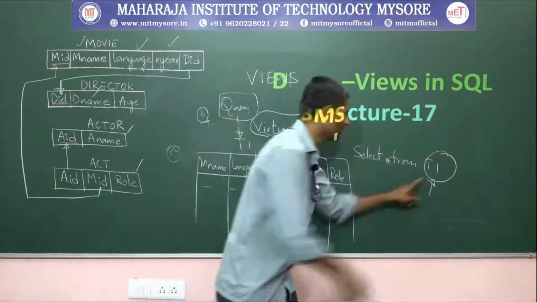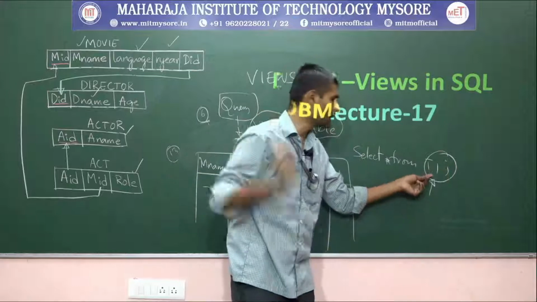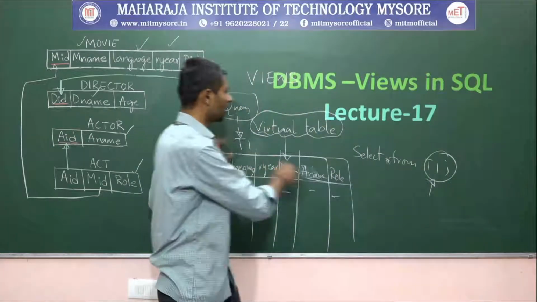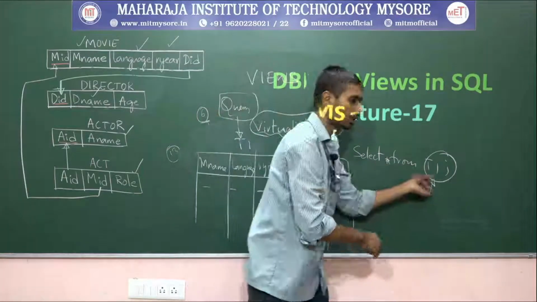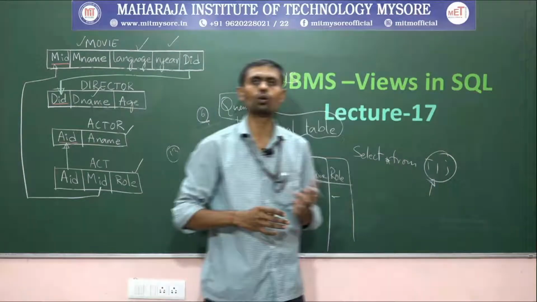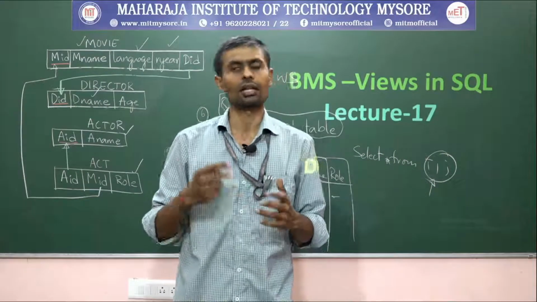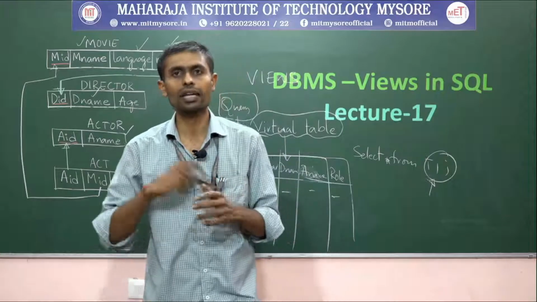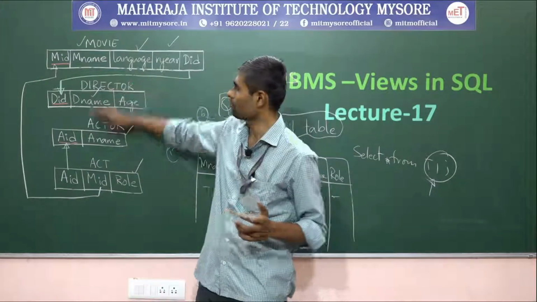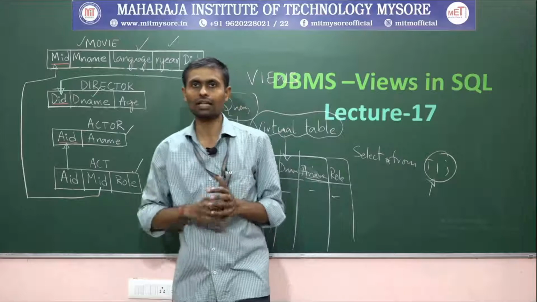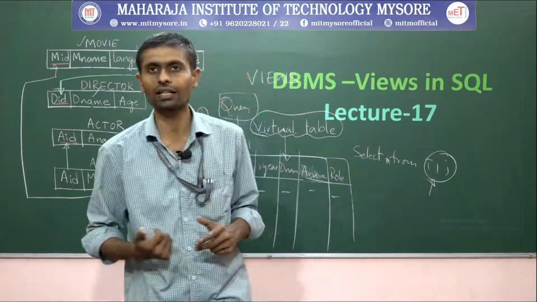When you write select star from T1 and press enter, T1 is replaced by this query and the whole thing is re-executed. We have seen that when we re-execute a query, any updates made on the tables will definitely be reflected in the query.